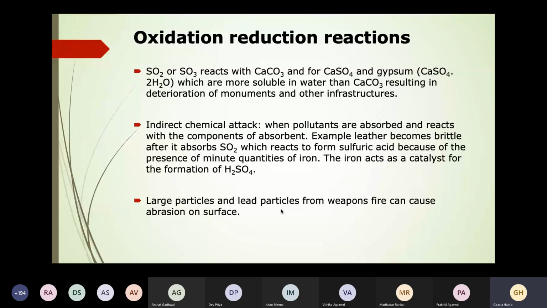So if SO2 or SO3 is present in the atmosphere, they react with lime or calcium and form calcium sulfate or gypsum, etc. And this CaCO3 gets depleted from the joint, and therefore there is a problem with the monument.